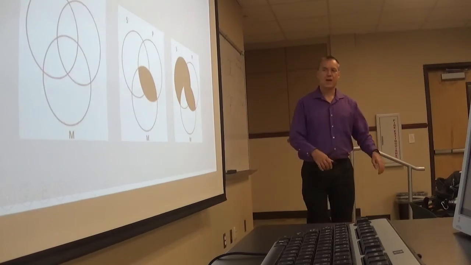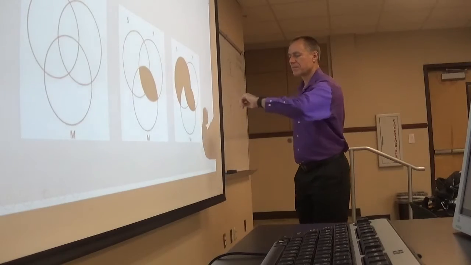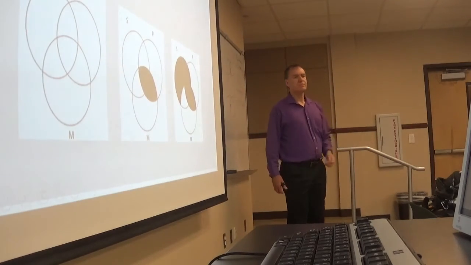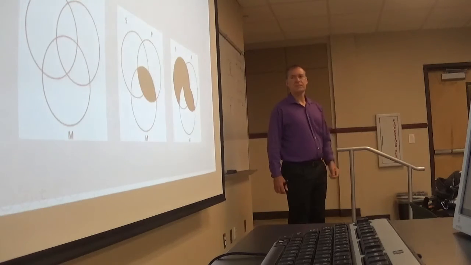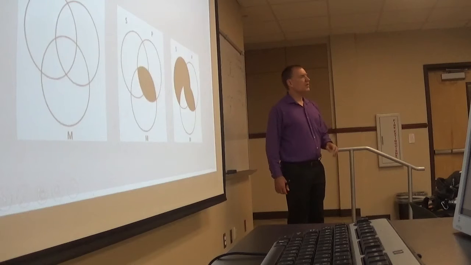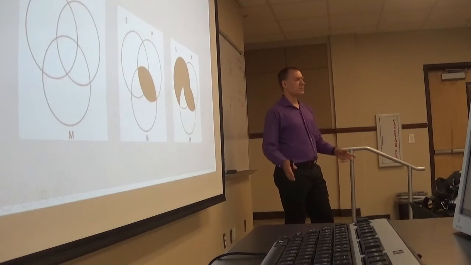Then diagram premise 1, diagram premise 2, and then look upon it and see if the conclusion is definitely there. If it is, valid. If not, invalid. Before heading to the next example, is there anything about this that needs more explanation?